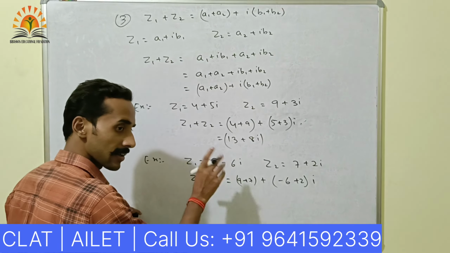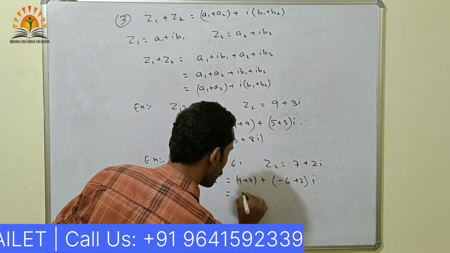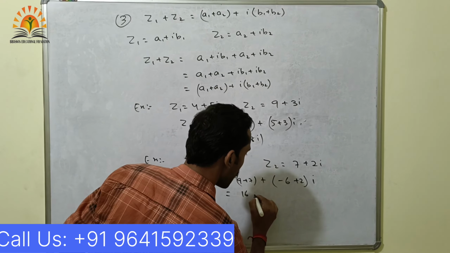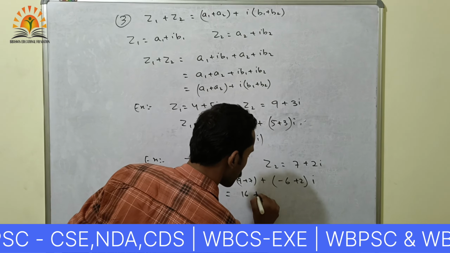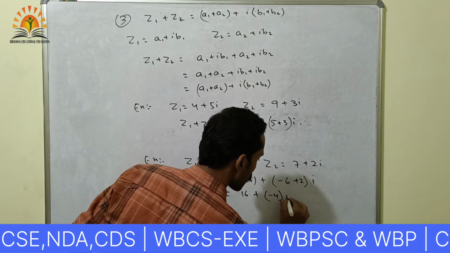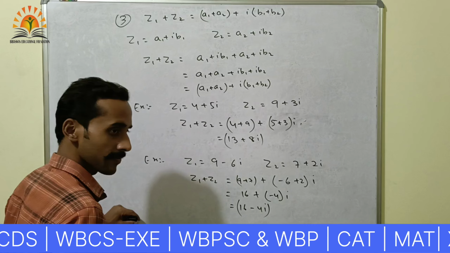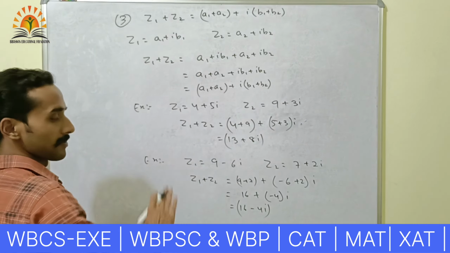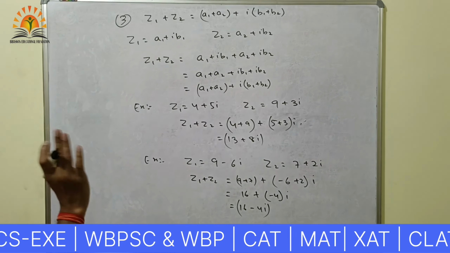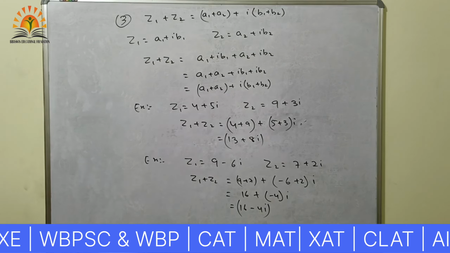We have to use the sign also. That becomes 16 and minus 4 iota, so 16 minus 4 iota. Understood? Very easy sum.